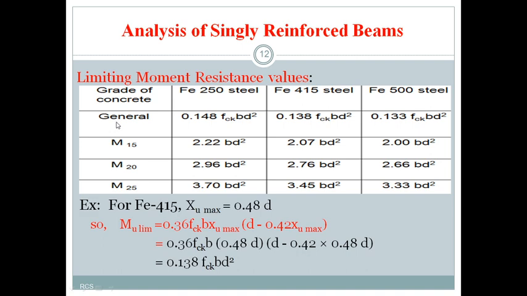See here, in general for Fe415 steel, it would be 0.138 FCK BD square. You can try it for Fe250, and for Fe500 also.